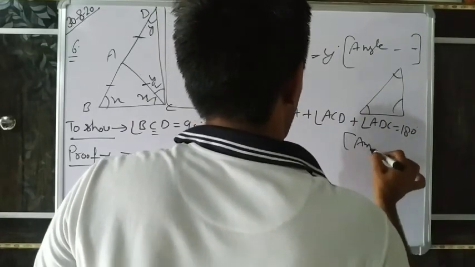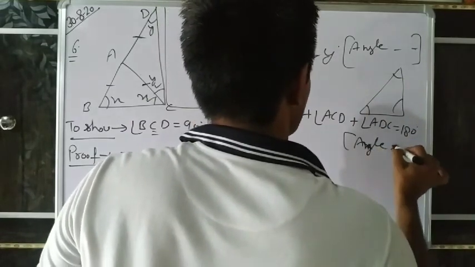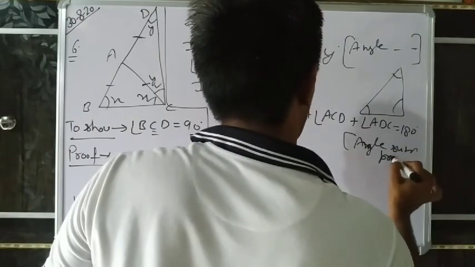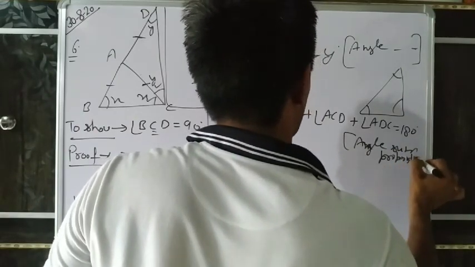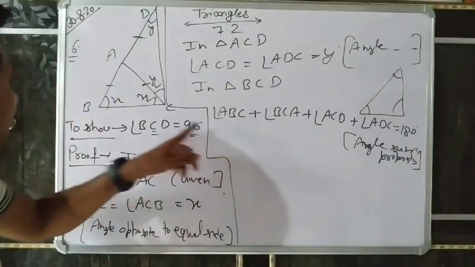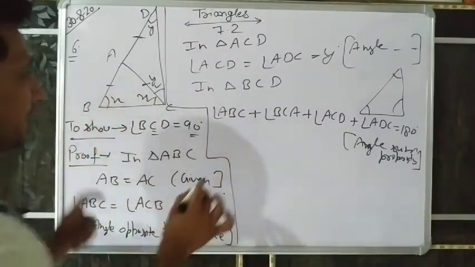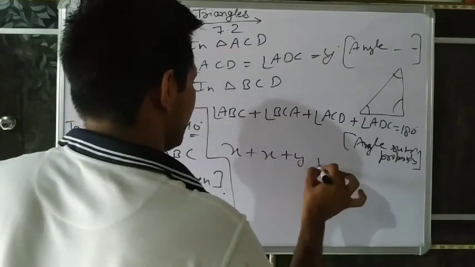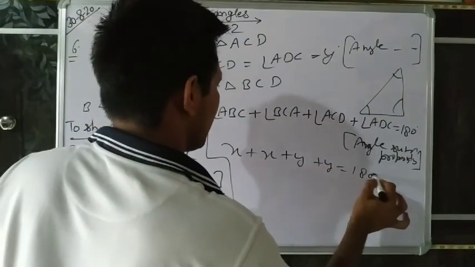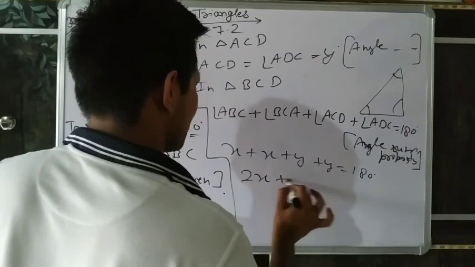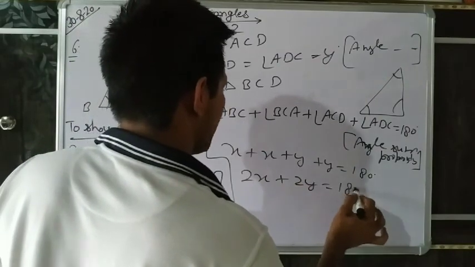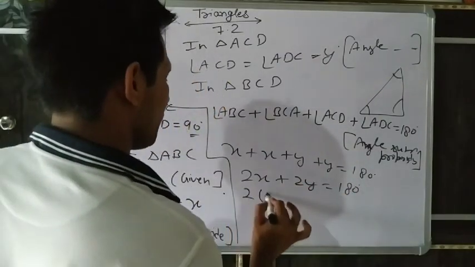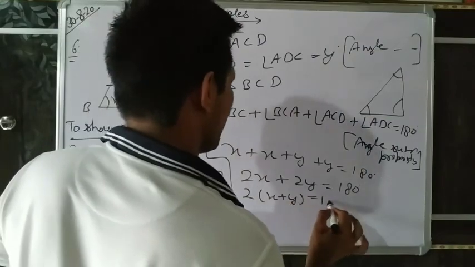Why? Angle sum property. Everyone knows the sum of all angles in a triangle is 180. ABC is how much? X. It is also X. This is Y, this is Y. How much? 180. X plus X is 2X, plus 2Y equals 180. 2 is common, so 2 times X plus Y equals 180.